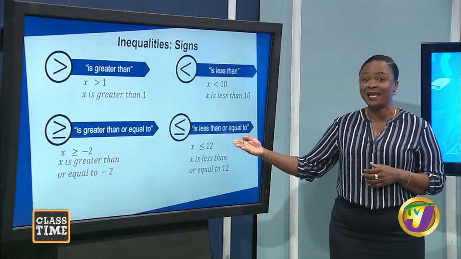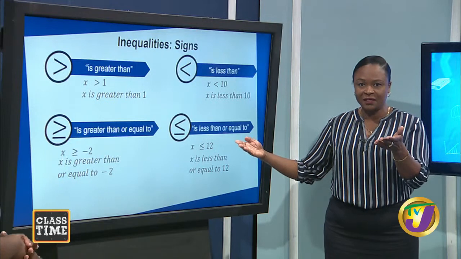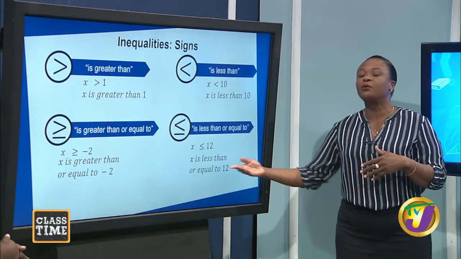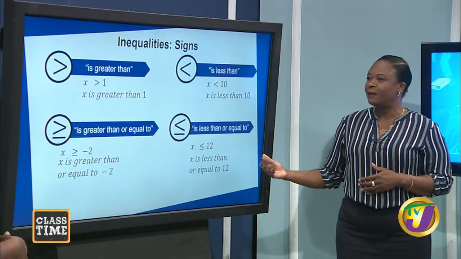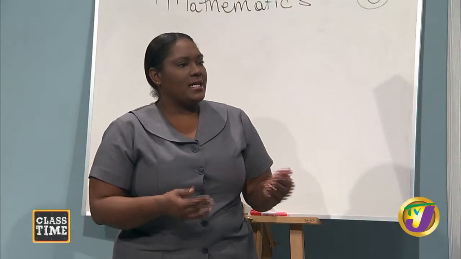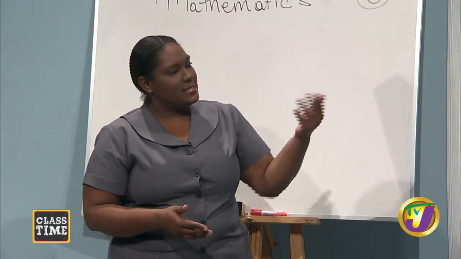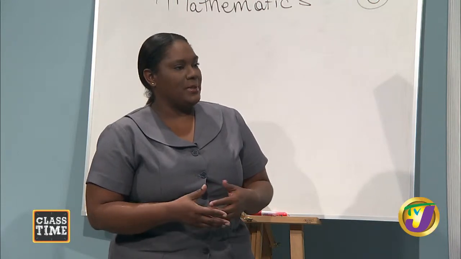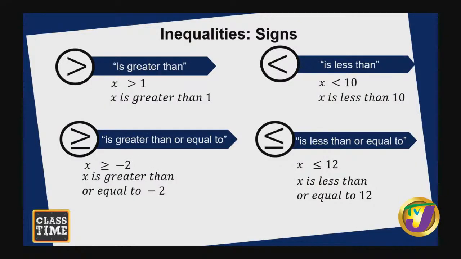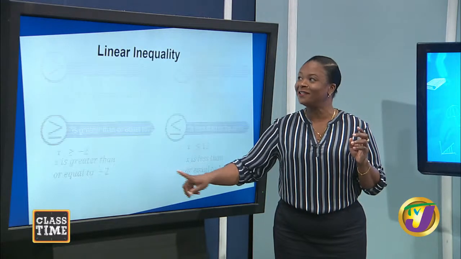So you see it in the use of symbols, and you see it with words written. Denise, when we talk about more than or less than, this is where these signs come into play. Yes, mathematically speaking, we refer to them as is greater than, but we're really talking about more than, just in case some persons have a little confusion.